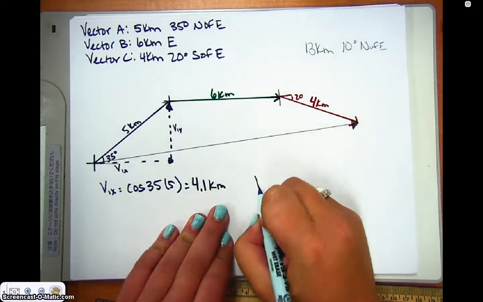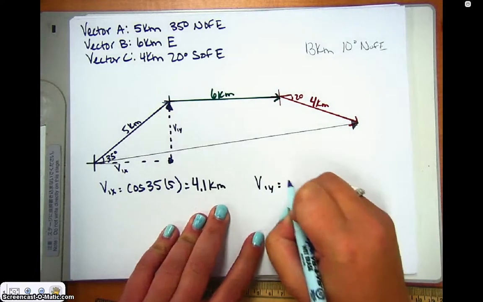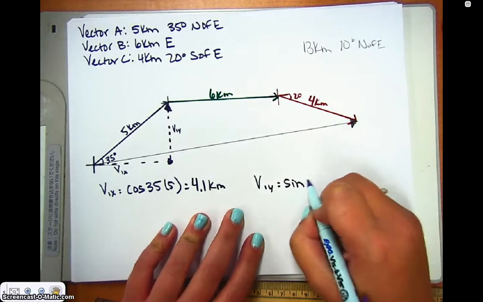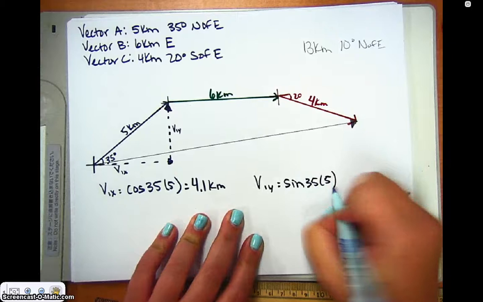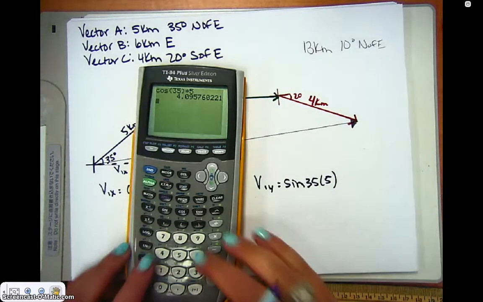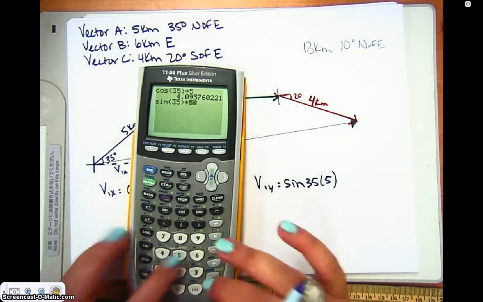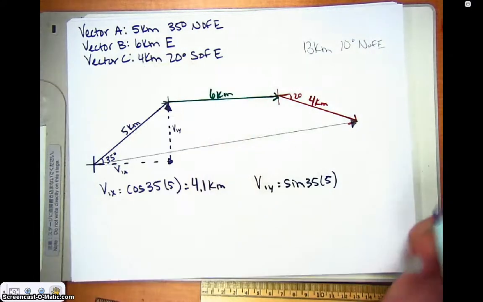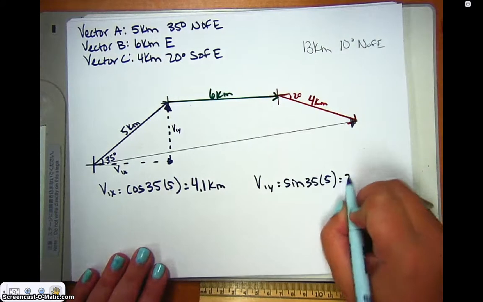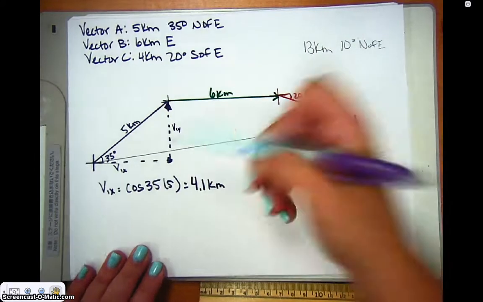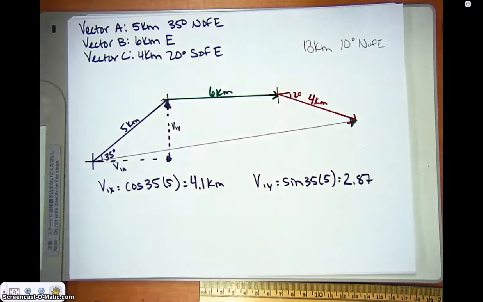And then let's do my vector 1y, which would be the sine of 35 times 5. So the sine of 35 times 5, and I get 2.87. 2.87, and just by looking I see that my arrow goes up, so it is positive, right?